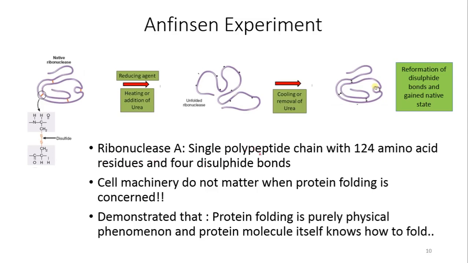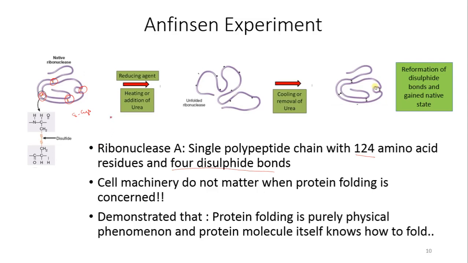It is a very small protein which contains only 124 amino acid residues, and when this protein folds, it forms four disulfide bonds as shown over here: 1, 2, 3, 4. It has 8 cysteine residues, and these 8 cysteine residues can form 4 disulfide bonds that eventually enable it to properly fold and perform its function.